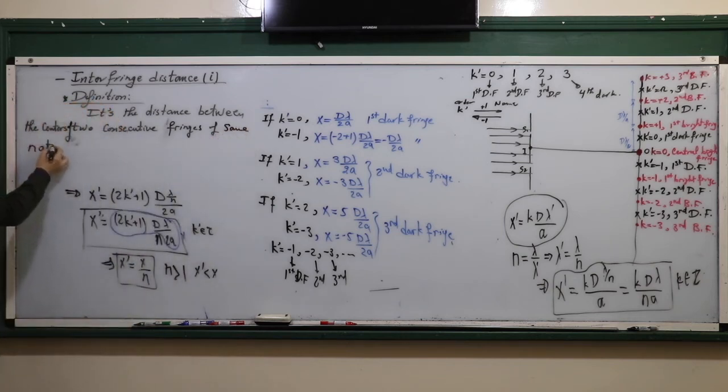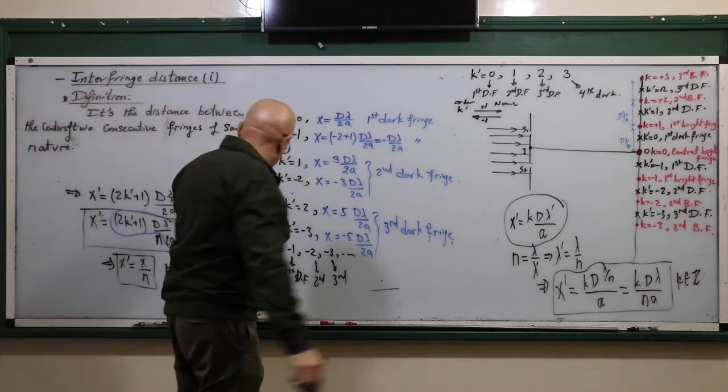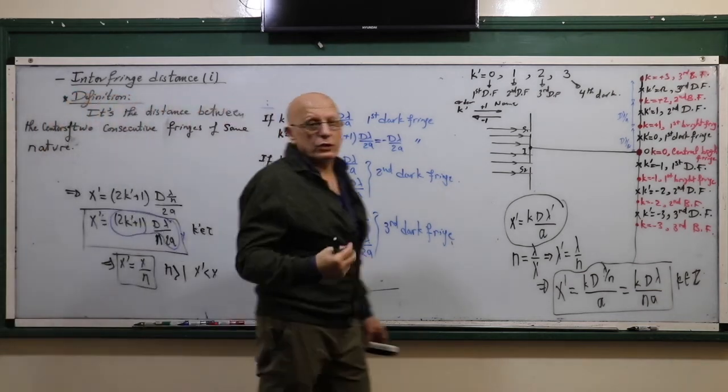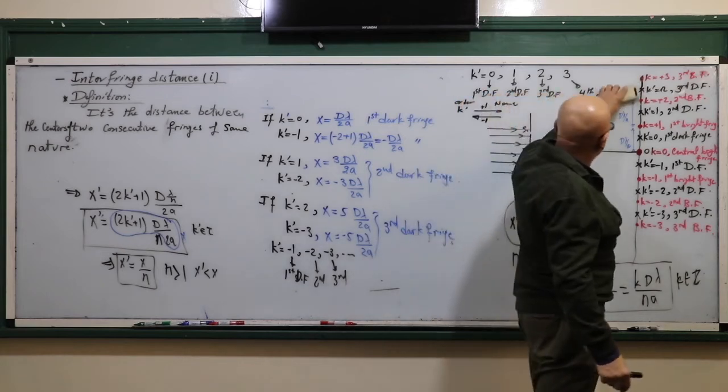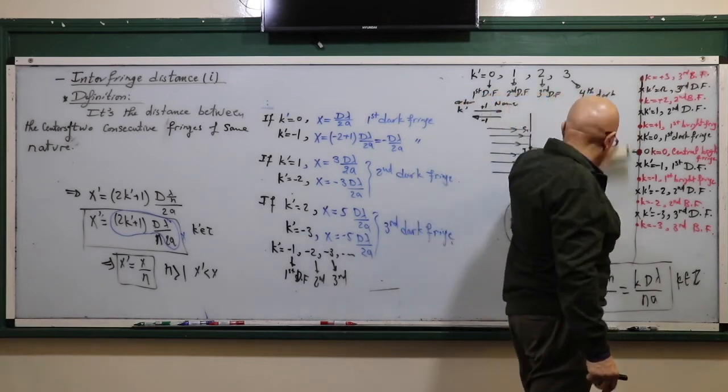Always we are talking about the centers. What does this mean? This means it is the distance between two consecutive bright or two consecutive dark.